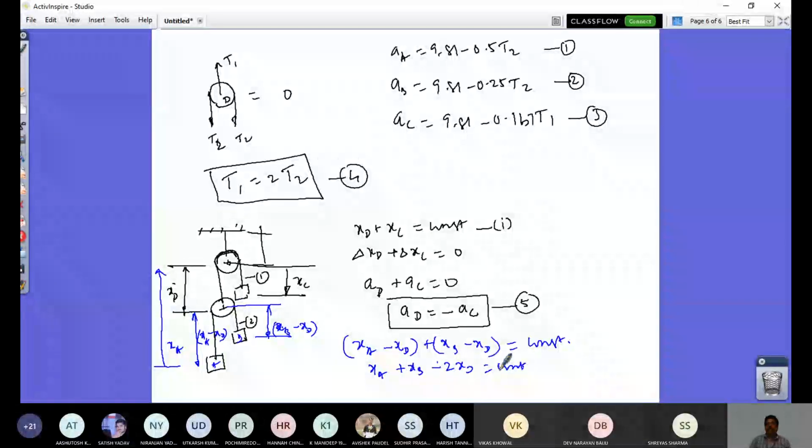So the change, that's equal to 0. So that implies delta XA plus delta XB minus 2 delta XD equals 0. So differentiating this with respect to time twice, I'll have an acceleration relation: AA plus AB minus 2 times AD equals 0. That's my sixth equation.